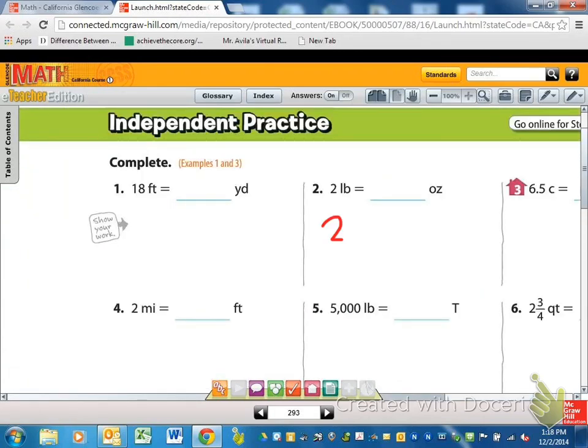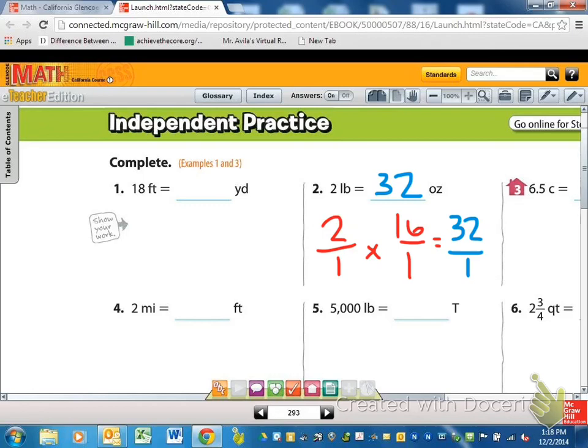So I'm going to have 2 pounds over 1 times 16 over 1 because there's 16 ounces in 1 pound. I multiply that across and I get 32 over 1, and 32 divided by 1 is just going to be 32.